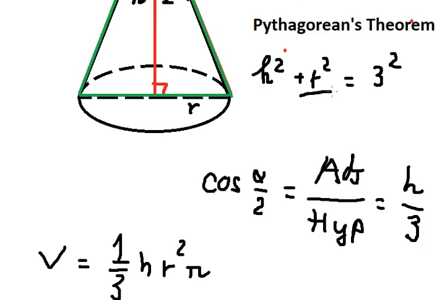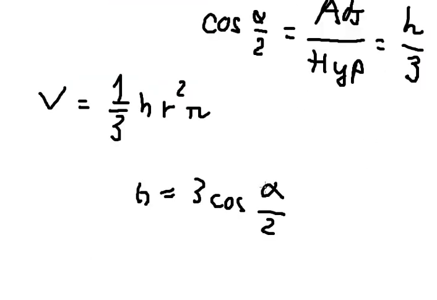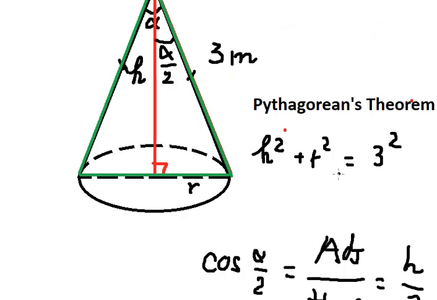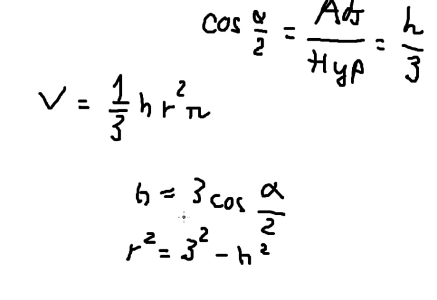This one we have R squared, so I will put this one to the right. And we know that H is this one. So 3 squared is 9. This one you get 9 cosine of alpha over 2 squared.